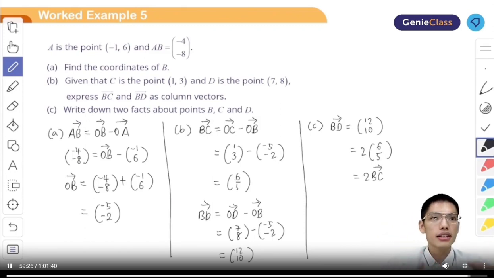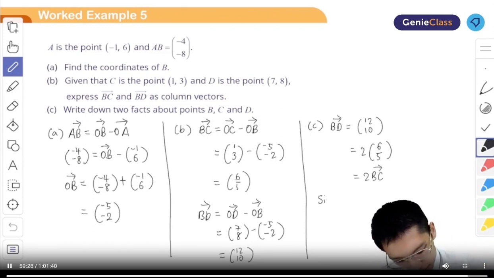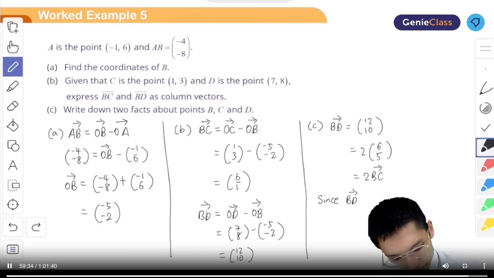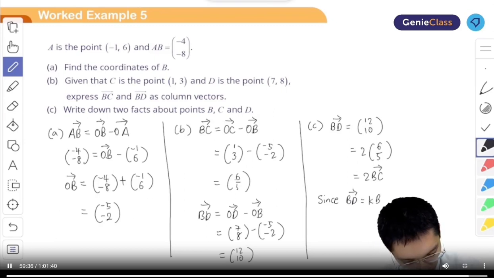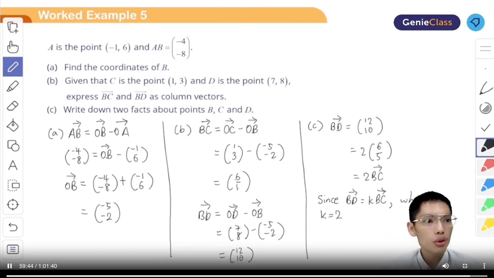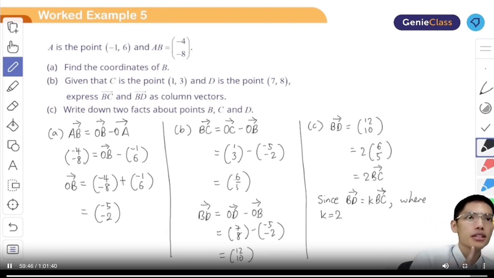And since they are parallel, what do you notice? What's the common point over here? I can take note that in this case my K is 2. Yes, B is the common point, so therefore they are collinear.